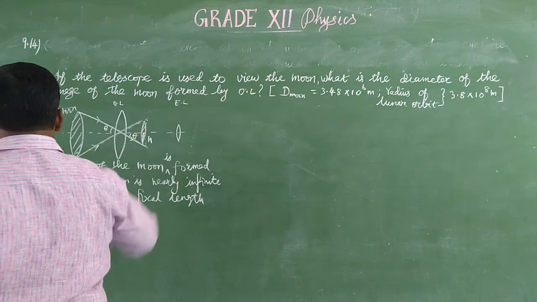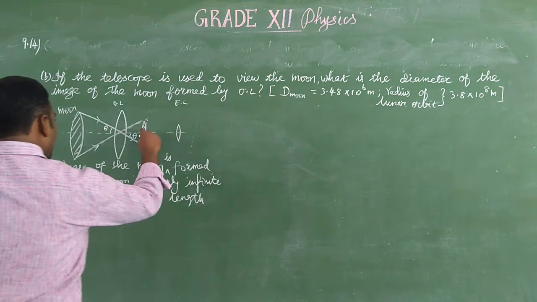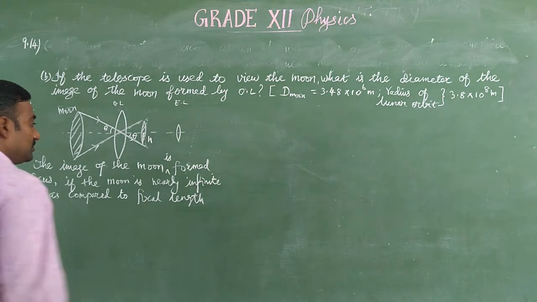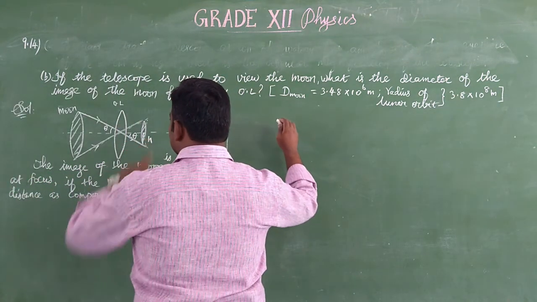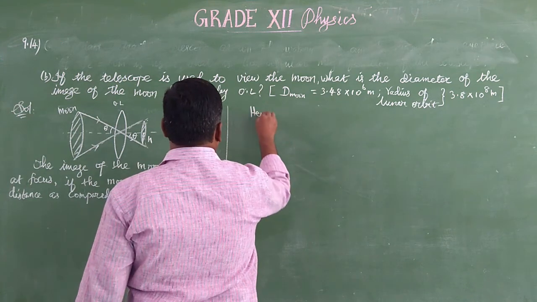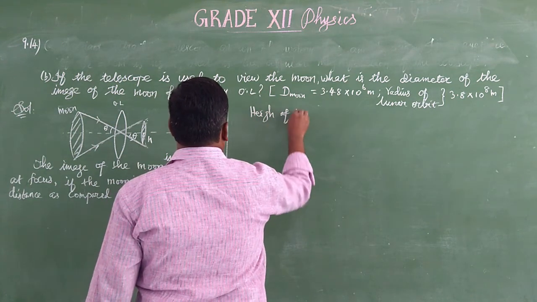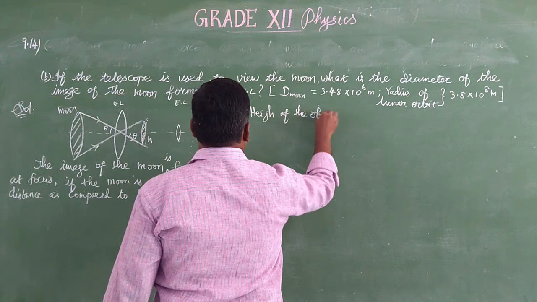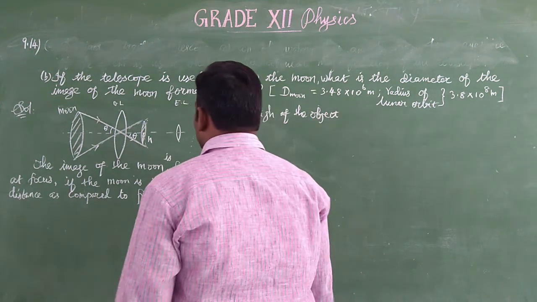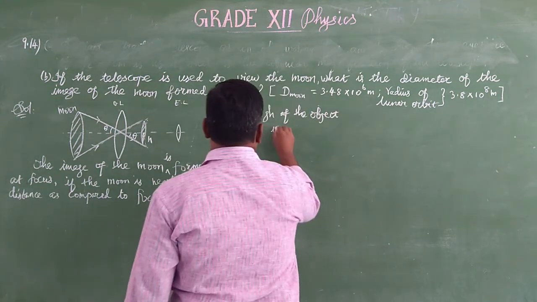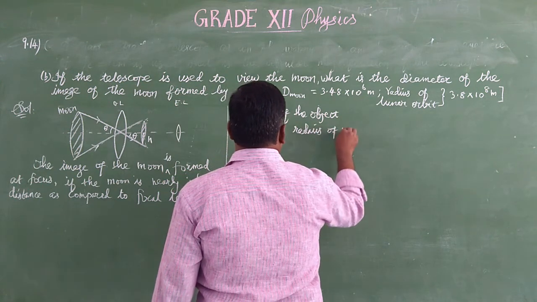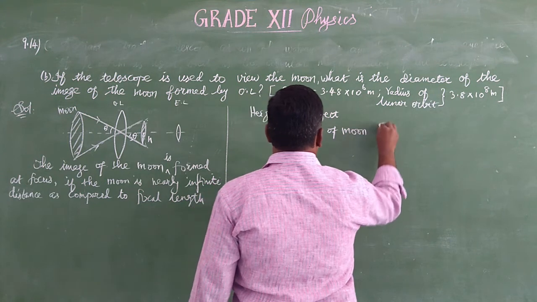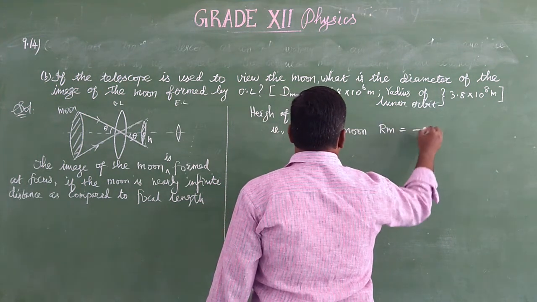So the height of the object is equal to the radius of the moon. Here the height of the object, that is the radius of the moon, is equal to half of the diameter of the moon.